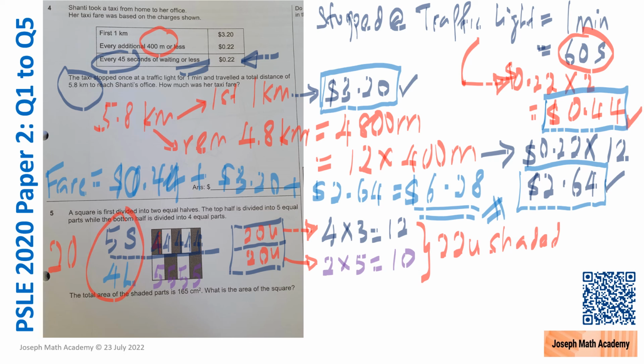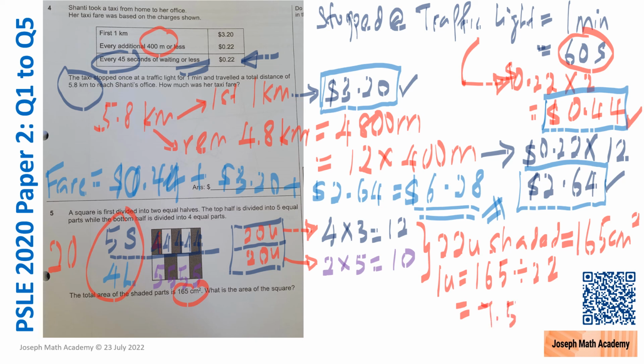Now we know that 22 units shaded is the same as this value here, 165 square cm. 22 units is equal to 165 square cm. So using the unitary method, 1 unit will be 165 divided by 22, and our calculator tells us it is 7.5. Now 7.5 is a unit.